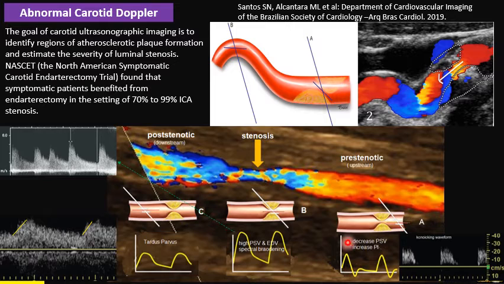It is very obvious. In those cases that we have very severe stenosis close to occlusion, over 95%, something like that, we will see a specific pattern that we call knocking waveform.